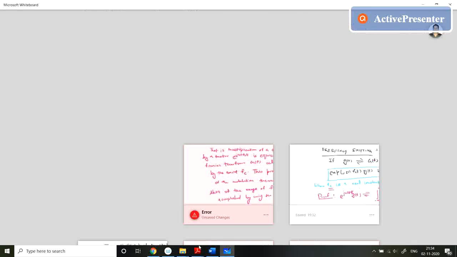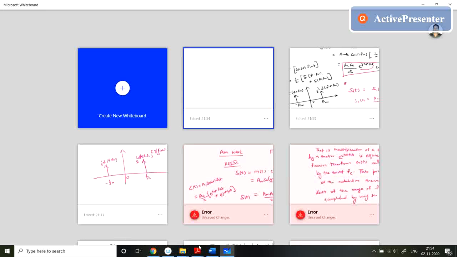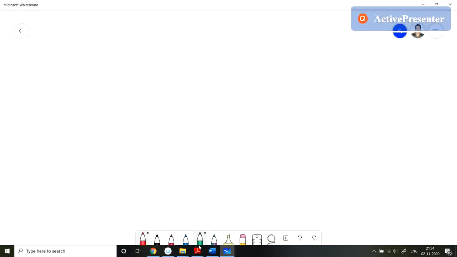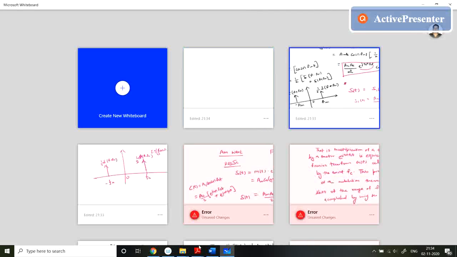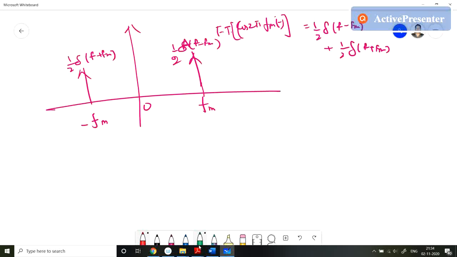So the spectrum of S1(f), please understand, is very simple.